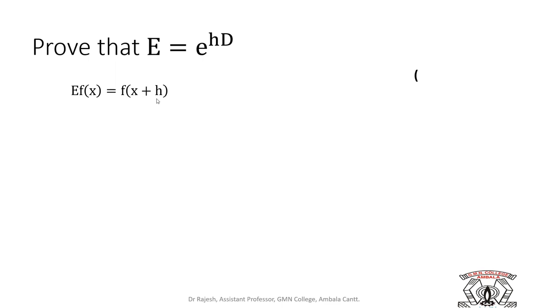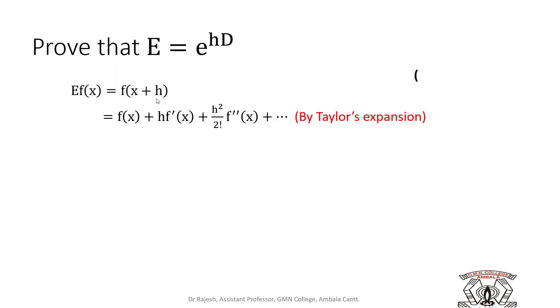Next we will use Taylor's theorem, where h is very small as compared to x. So this will be f of x plus h f dash x, where this prime stands for differentiation with respect to x, plus h square by 2 factorial f double dash x, and so on.